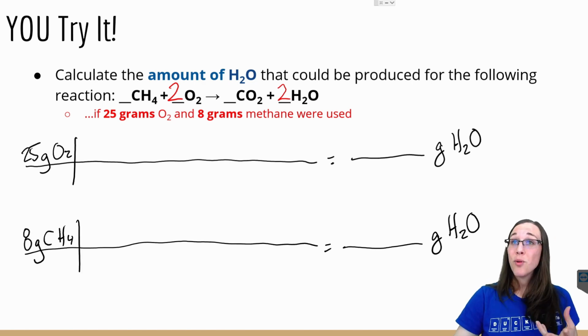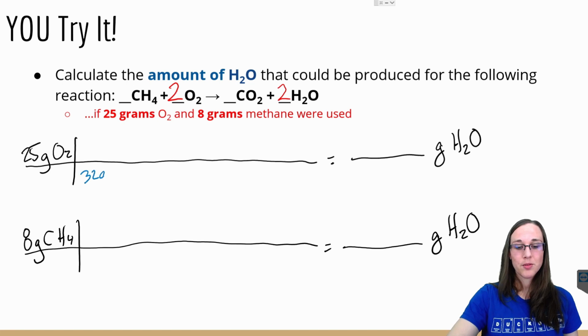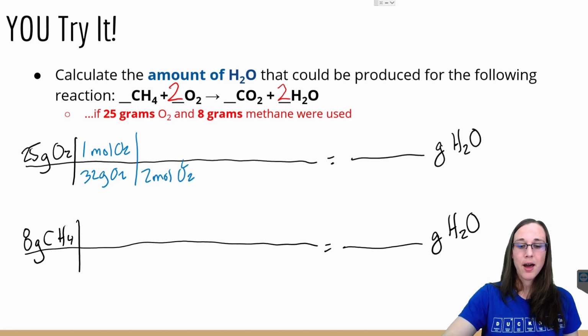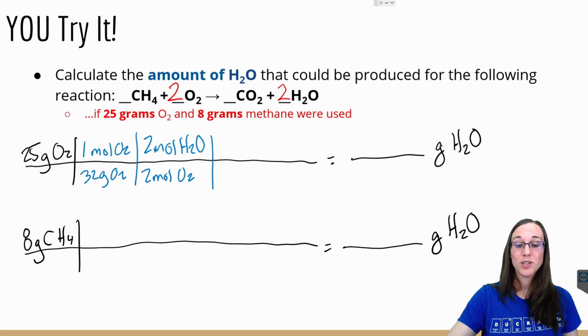We know from before we found the molar mass of oxygen, which ended up being 32 grams of oxygen per mole. We found the mole ratio from the balanced chemical equation, so that was 2 moles of oxygen. That's on the bottom because my goal mole, my 2 water, goes on top. And then we needed the molar mass of water, which was 16 plus 2, essentially, so 18. I'm just rounding here.